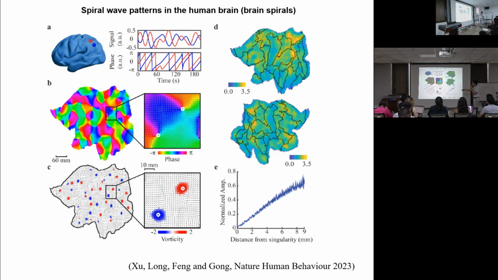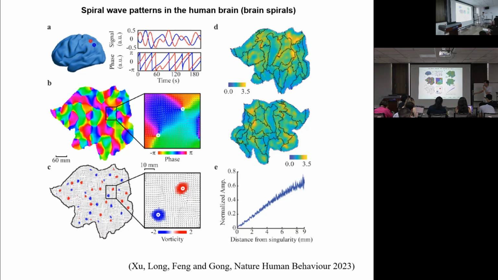So this means that here we have an anti-clockwise spiral organized around that phase singularity point. And here we have a clockwise spiral organized around this phase singularity point. So it means that we found all kinds of spirals concurrent in the brain.